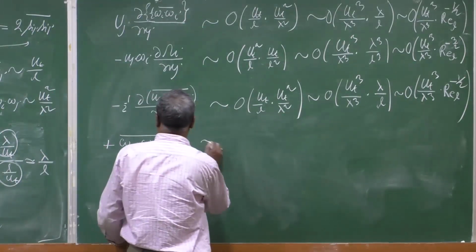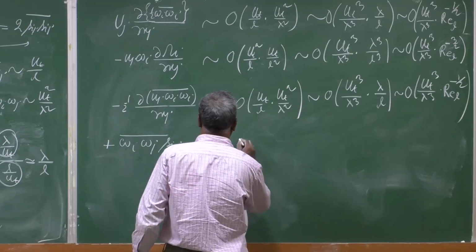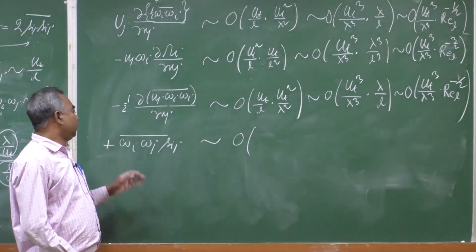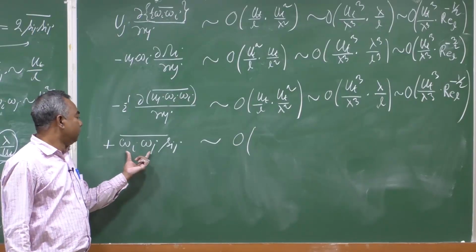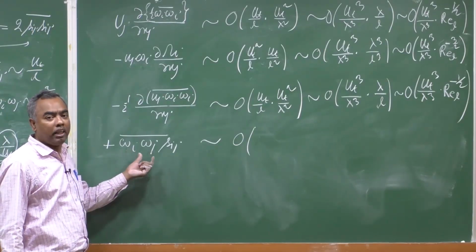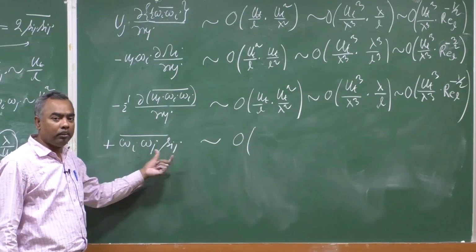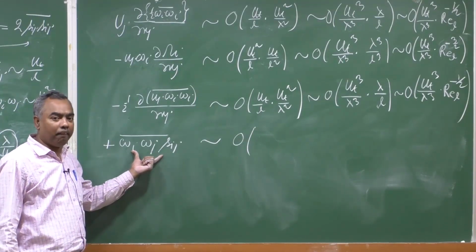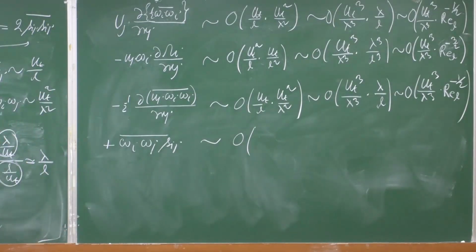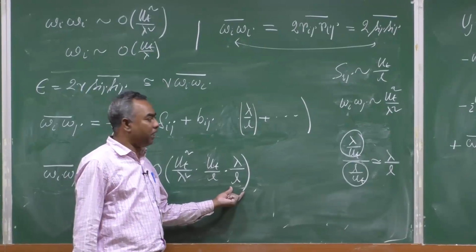This should be of the order of, so here you see the eddies which are contributing to omega_i omega_j and the eddies which are contributing to S_ij are of the same time scale. So, that is why there is no need of prorating like whatever we have done with lambda by L, keep it in mind. Okay.